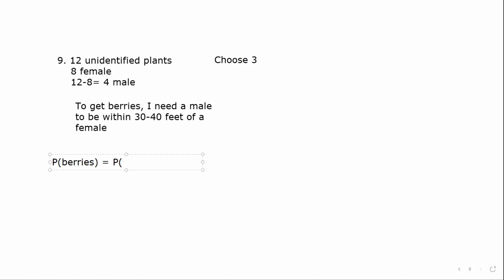So you're either doing 1 male and 2 females, or the probability of 2 males, 1 female.